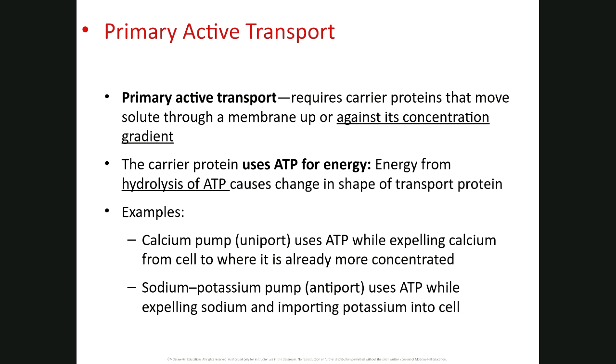Okay, so let's take the first one, primary active transport. I sort of hinted at this a second ago. Sometimes you have special situations, and we're going to see these when we talk about muscle physiology and also neurophysiology.